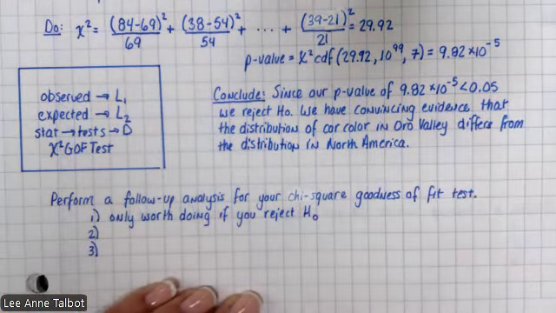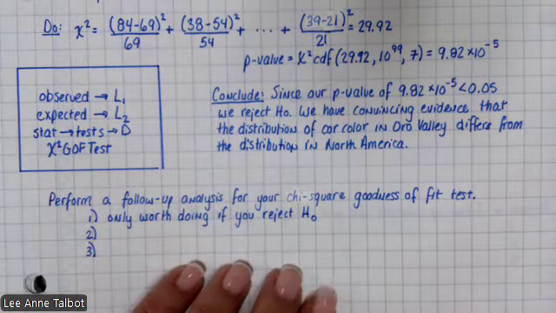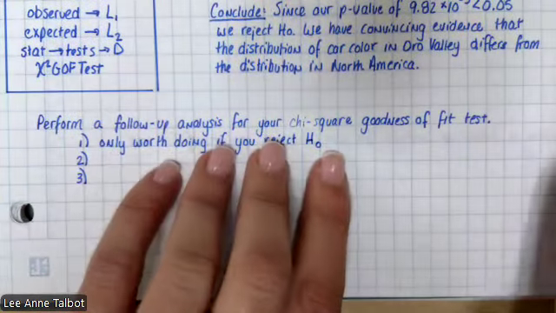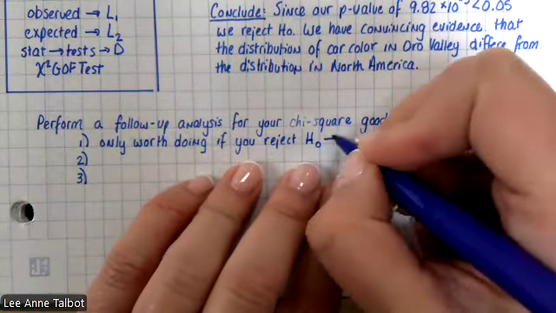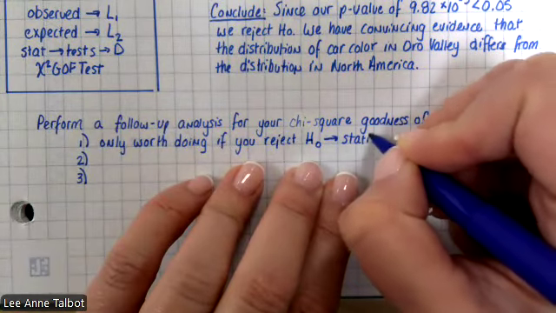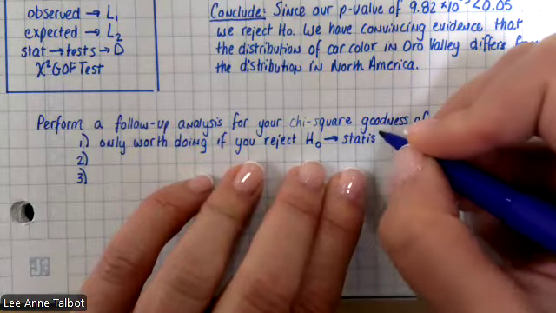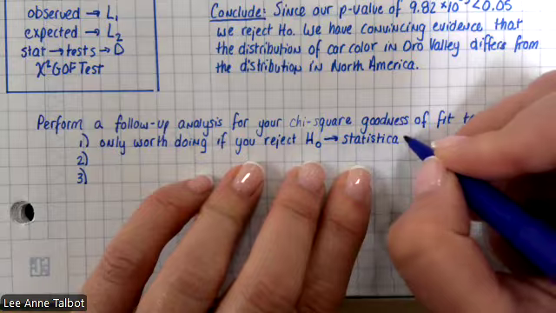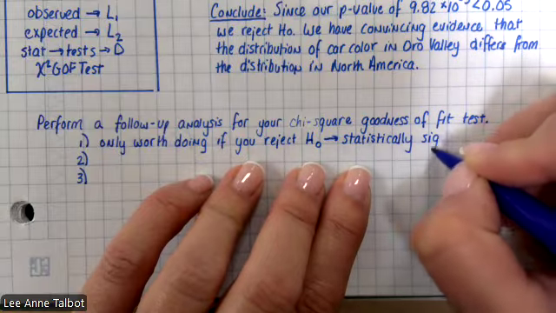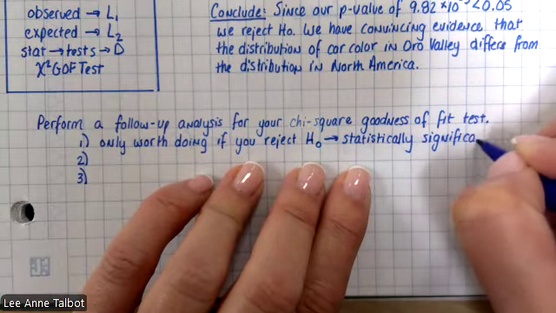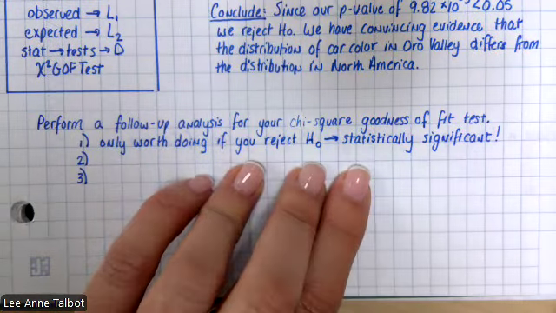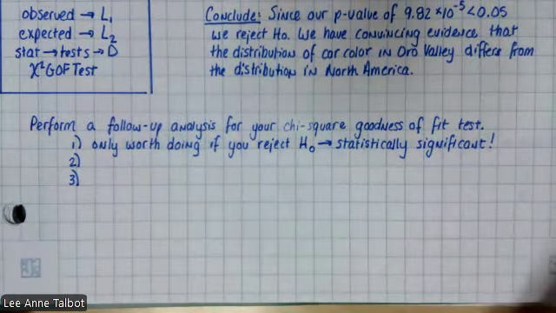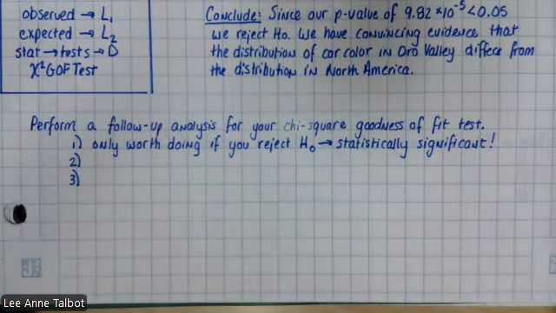If you don't have convincing evidence of anything, there's no reason to perform a follow-up analysis. Do you guys know that rejecting the H0 means that it is statistically significant? Okay. Well, we get to do that in this case.